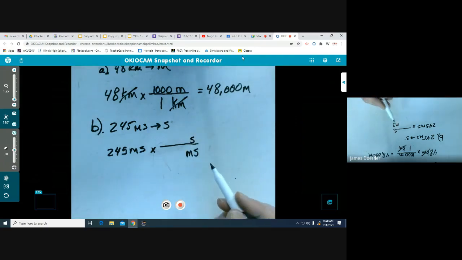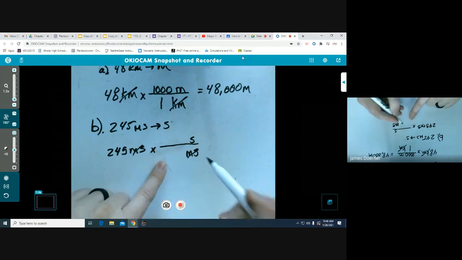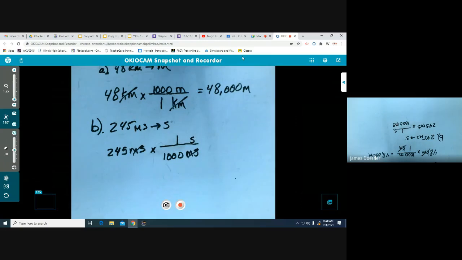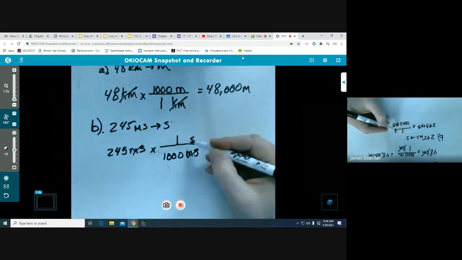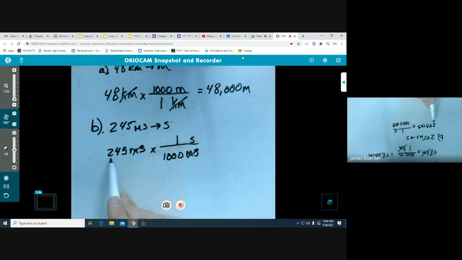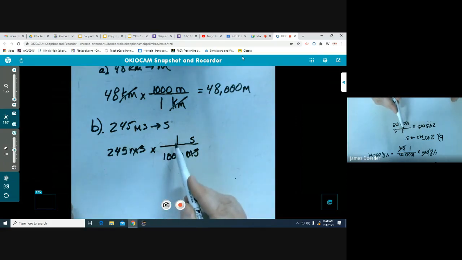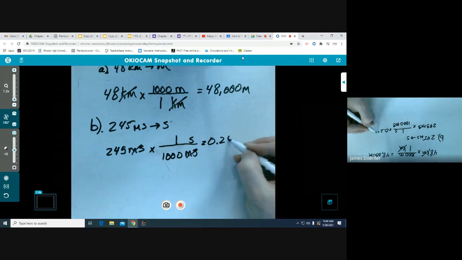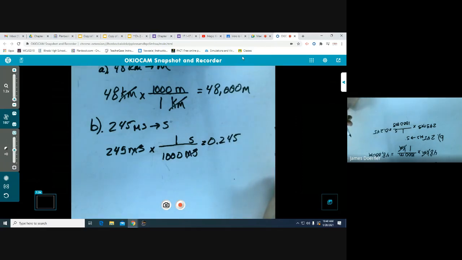They will cancel. But how many? Again, we have 1,000 milliseconds in 1 second. These two are equal, so that's how we can use it. And so we now have our math process where we have 245 times 1 divided by 1,000. That gives us 0.245 seconds. Very good.